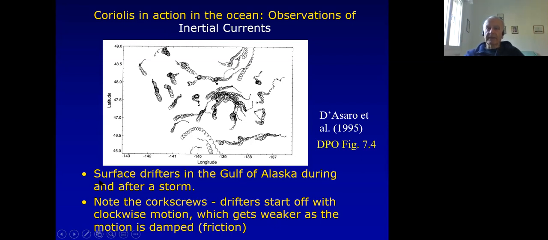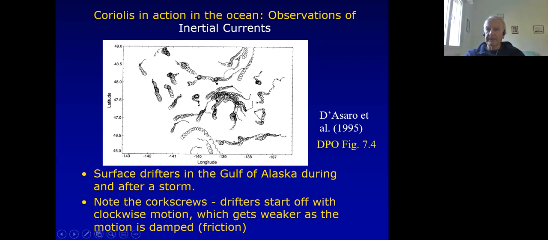What happened? The people were using surface drifters. Drifters are simply passive instruments which you throw into the sea, and then they move with the currents. And people were looking at the movement of these.